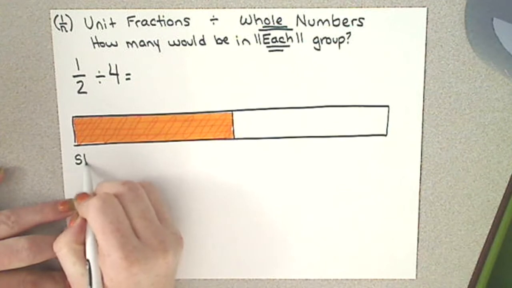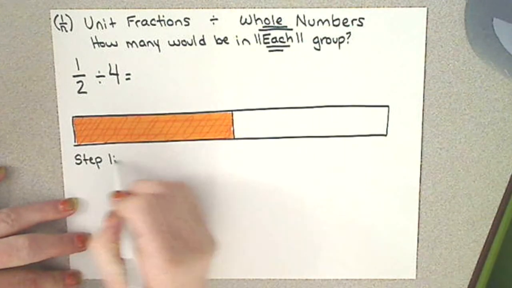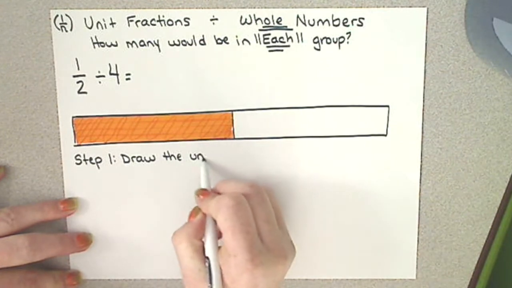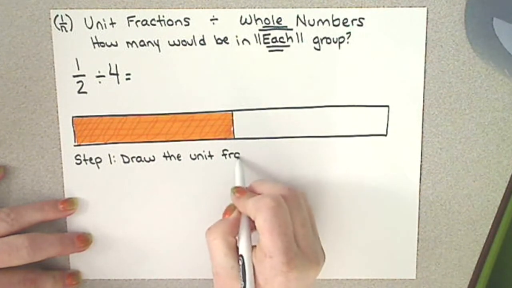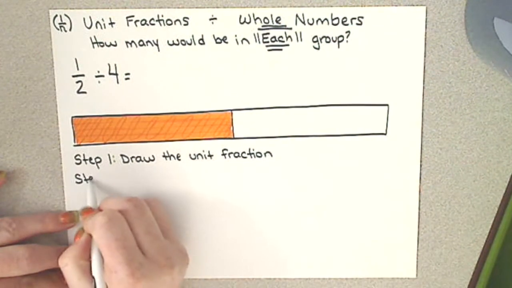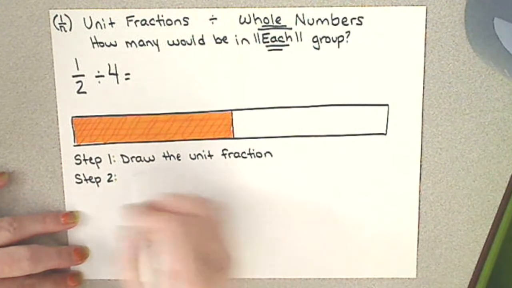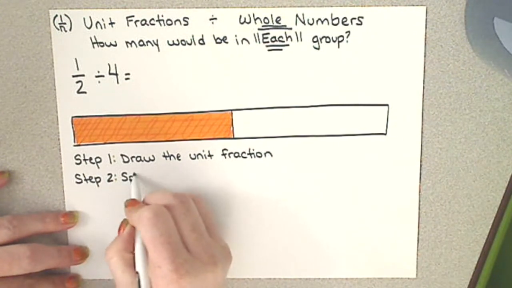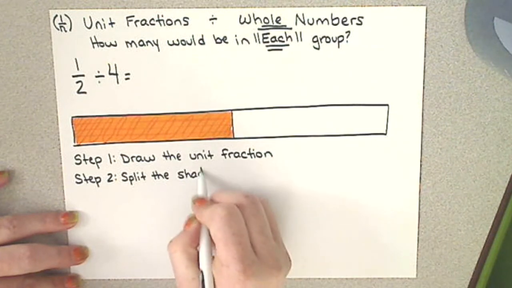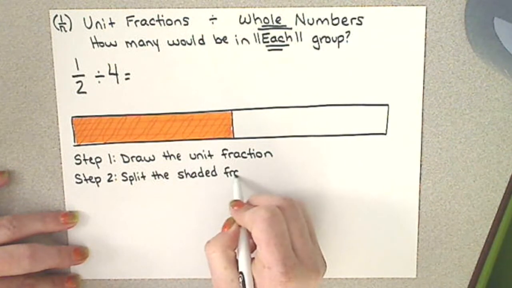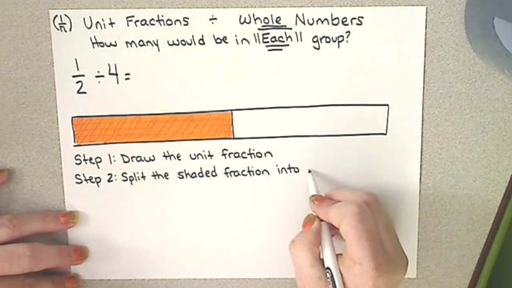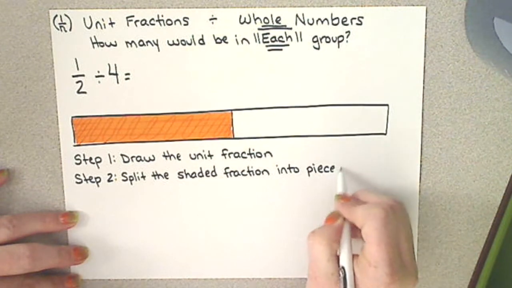So step 1 is to draw the unit fraction. Okay. Step 2, split the shaded fraction into pieces.